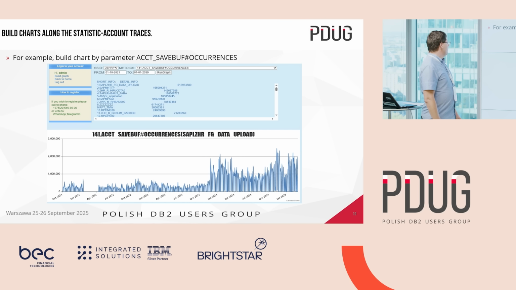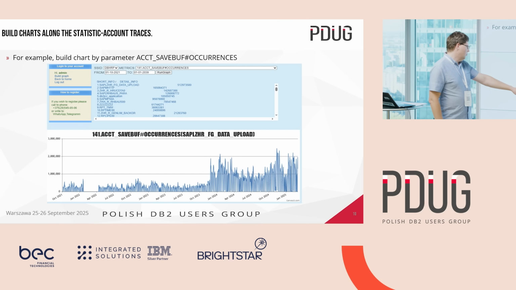Next slide. In this example, when I detect the subsystem ID, I go to the accounting trace and build different charts from it. For example, occurrences, and build charts from 2023 to 2024. The value is increased.